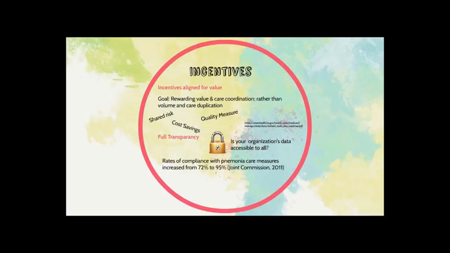So we want to spend a little bit of time talking about transparency. A question I want to ask you is: is your organization's data accessible to everyone? Or who is it accessible to? And do you understand any of the reasons behind that?